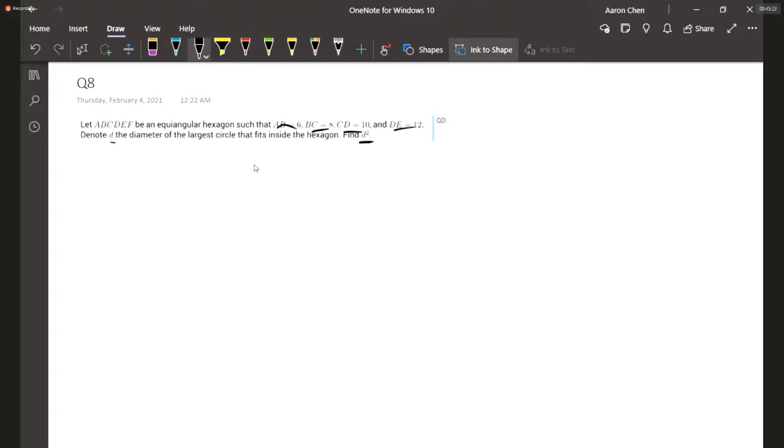First of all, an equiangular hexagon is basically achieved by cutting off three equilateral triangles off of an equilateral triangle. In this case, we can do something similar.